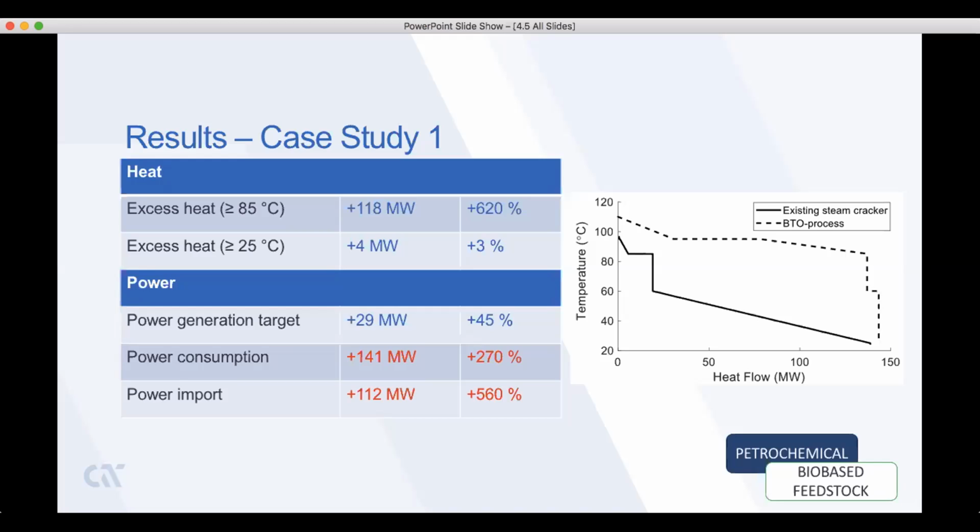Regarding the overall energy balance, it should be noted that the biomass-based process has a higher power consumption, and despite the increased power generation target, required power imports are expected to increase significantly.